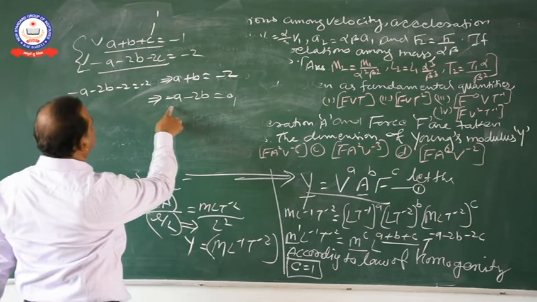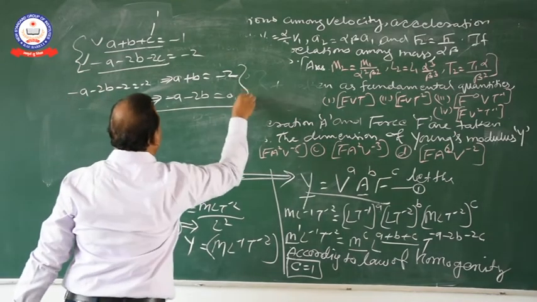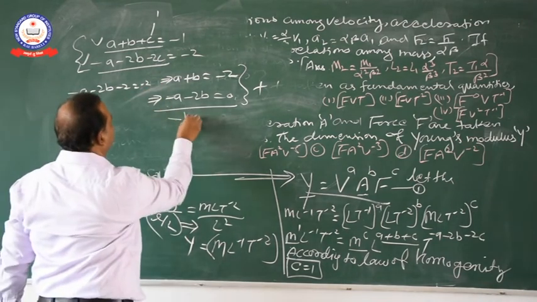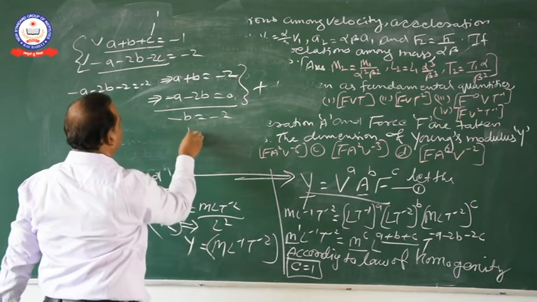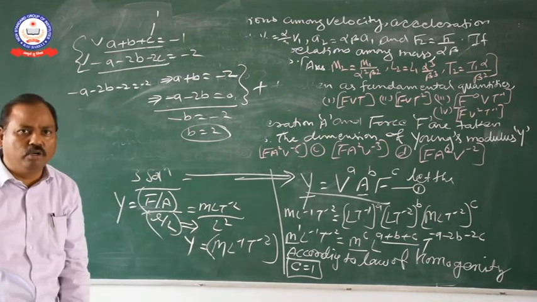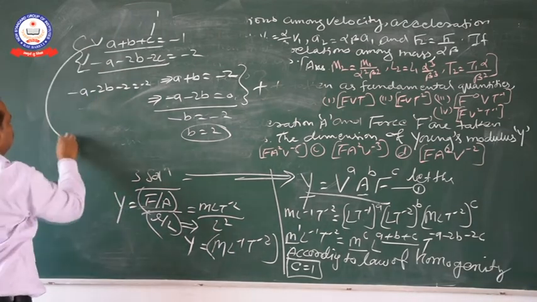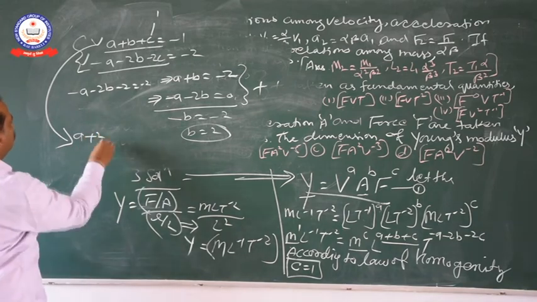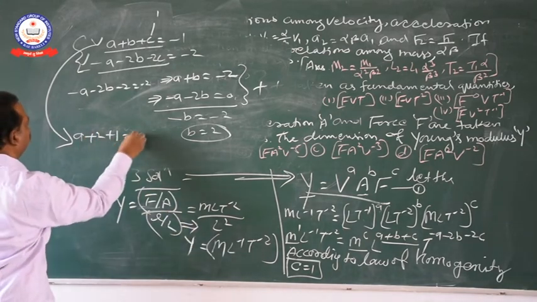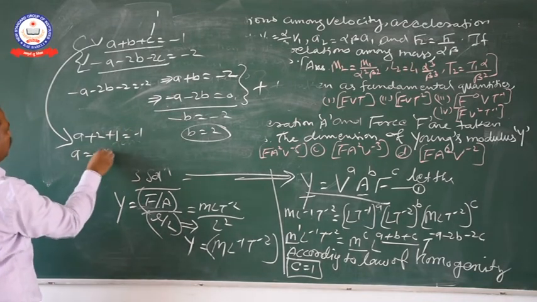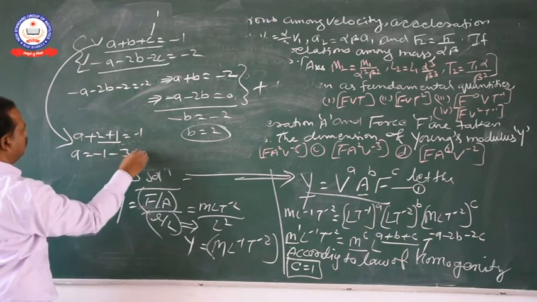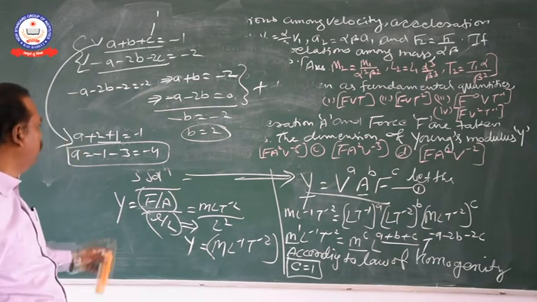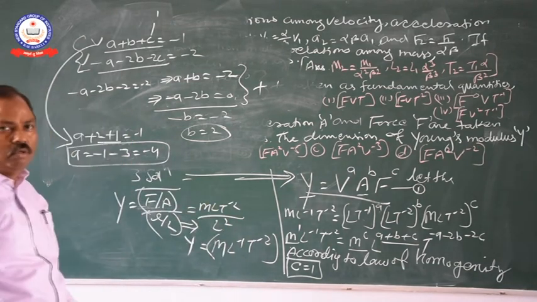Minus a minus 2b. Okay, by adding, a cancels, minus b is equal to minus 2. So b is equal to 2. By using this, a plus b means 2, c means 1 is equal to minus 1. So a is equal to minus 4. So a is equal to minus 4, b is equal to 2, c is equal to 1.